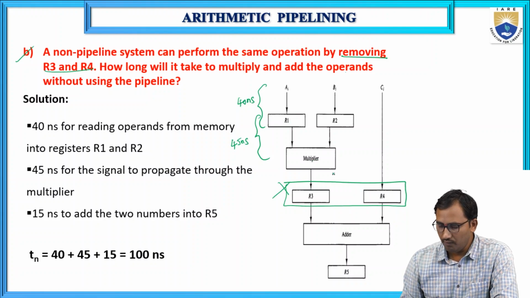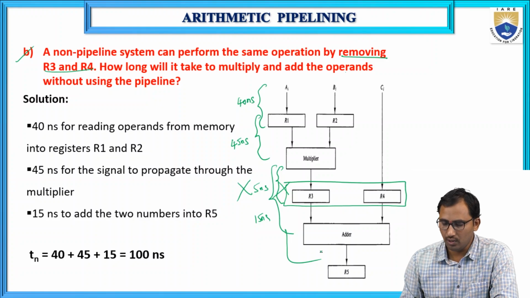Now from the multiplier to R3 it is actually 5 nanoseconds, but we are removing R3 and R4, so that 5 nanoseconds will be removed. From the multiplier to the adder and R5 it takes 15 nanoseconds.